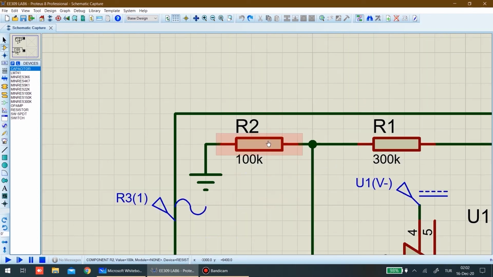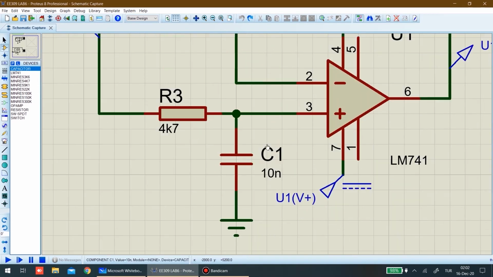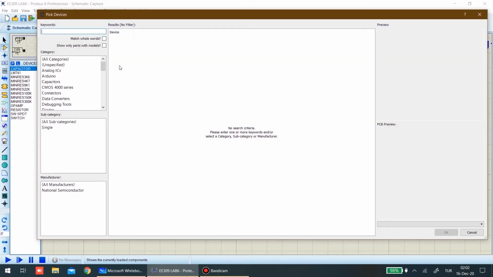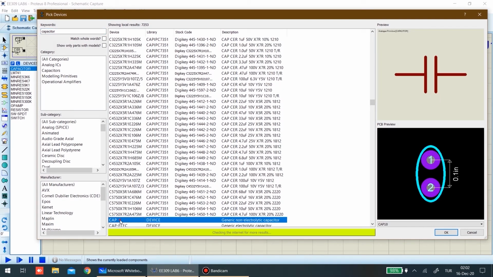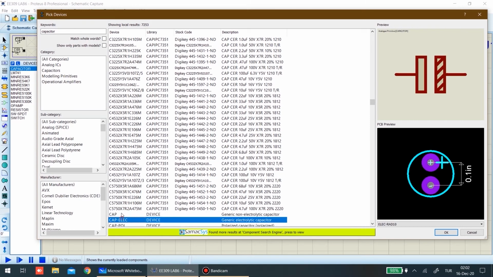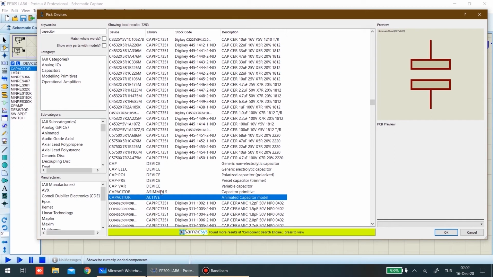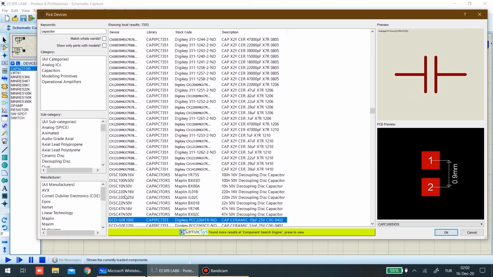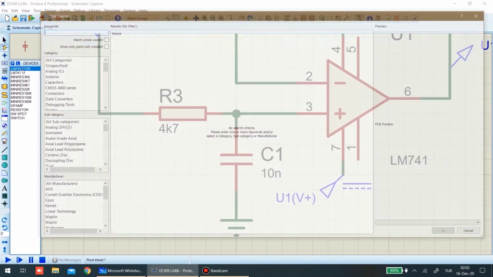Here are our resistors and a capacitor. You can pick any capacitor you want. It's not important.